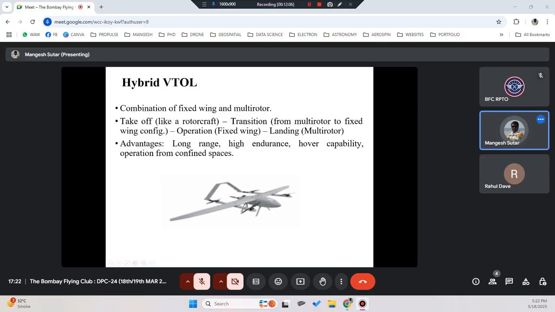It will glide because of the wing, and at that point in time you can always start your multi-rotors, and vice versa. So it only needs practice, it only needs visibility to fly these types of devices.